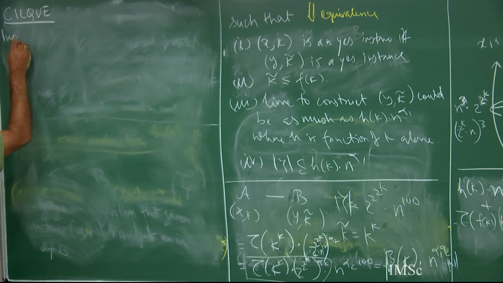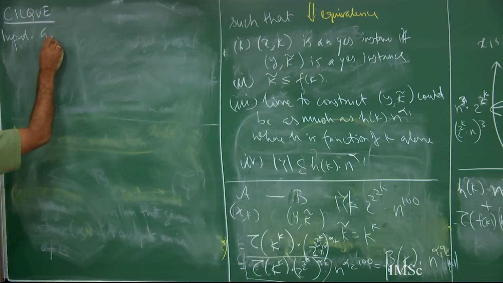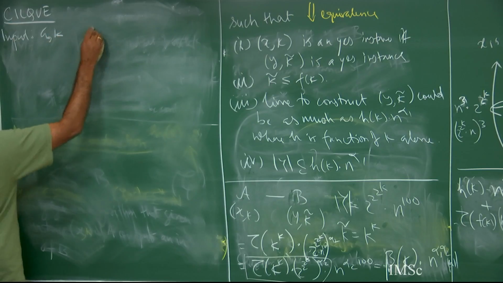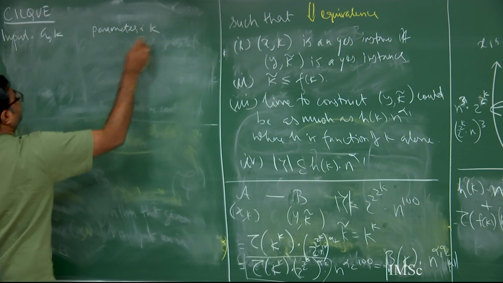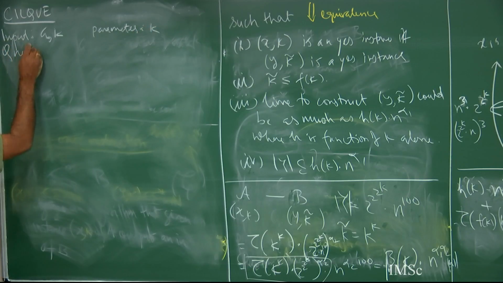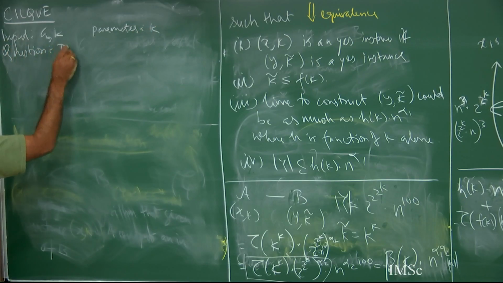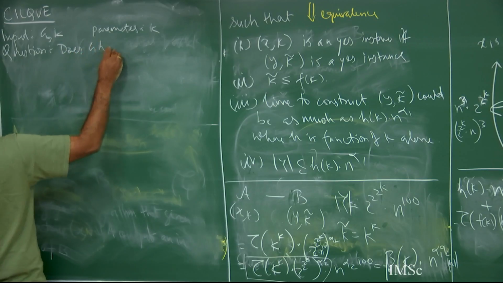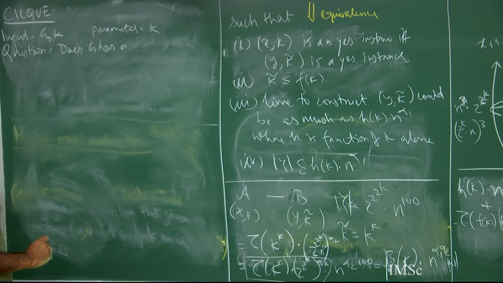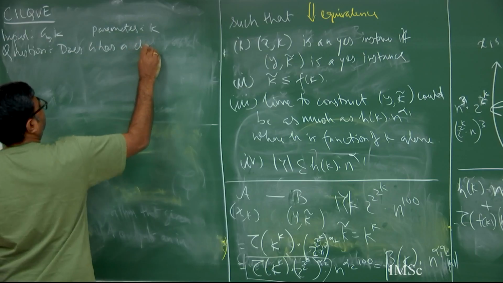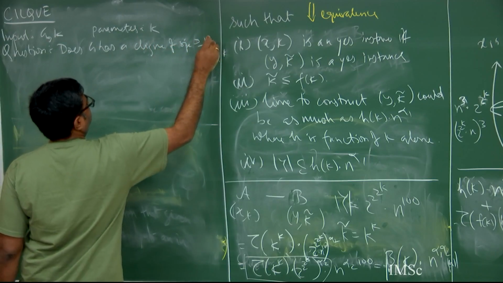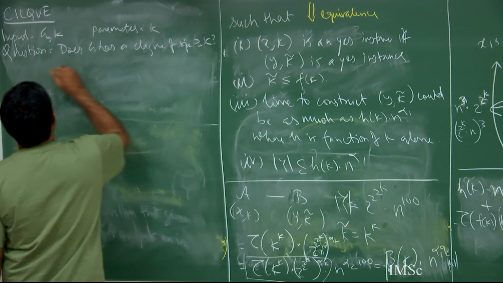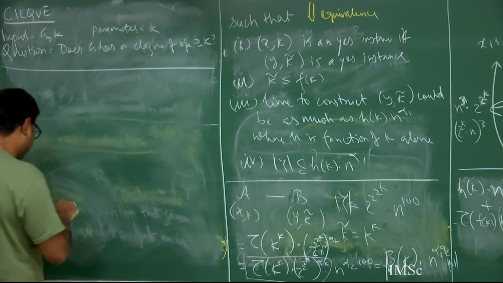Input is G comma k, parameter is k, and the question is: does G have a clique of size at least k? And what is our assumption?